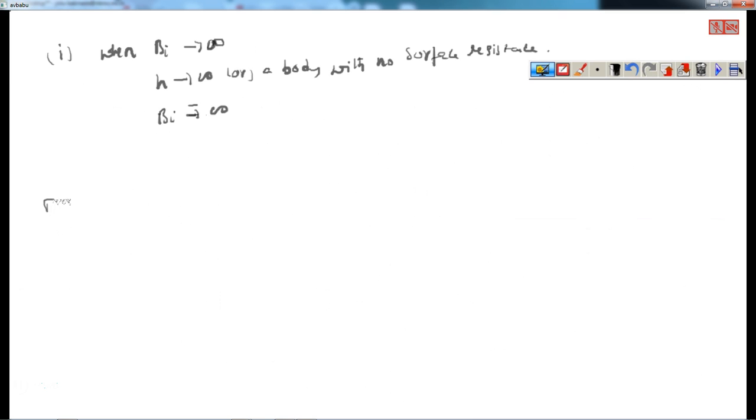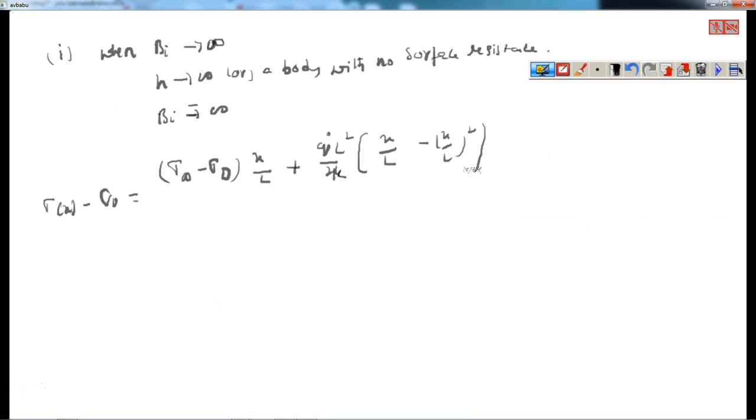Now when I put Biot number equal to infinity, T(x) minus T0 is equal to (T infinity minus T0) into x by L plus Q dot L square by 2K into (x by L minus x by L whole square), right? This is the equation when Biot number tends to infinity.